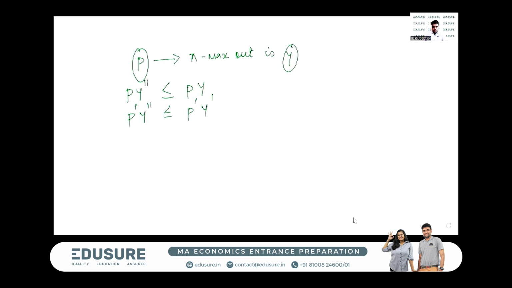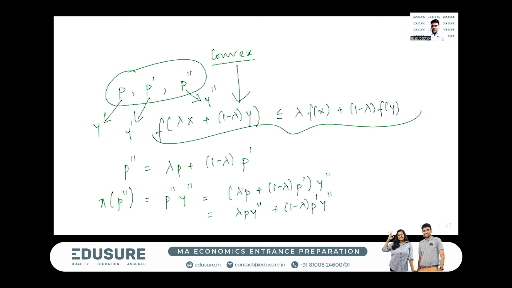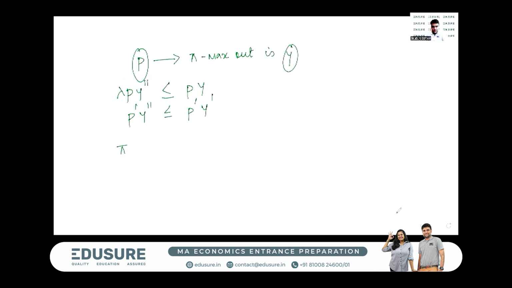Therefore, we can write it down in this particular fashion: profit with P double dash, lambda into this. I'm basically going into this format: lambda P Y double dash plus 1 minus lambda P dash Y double dash.